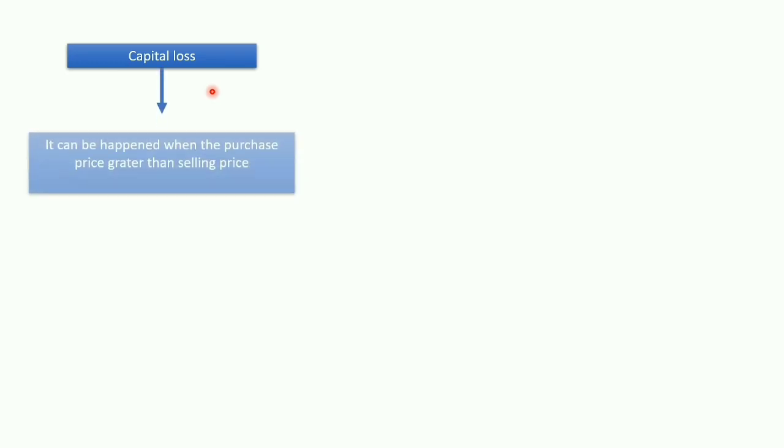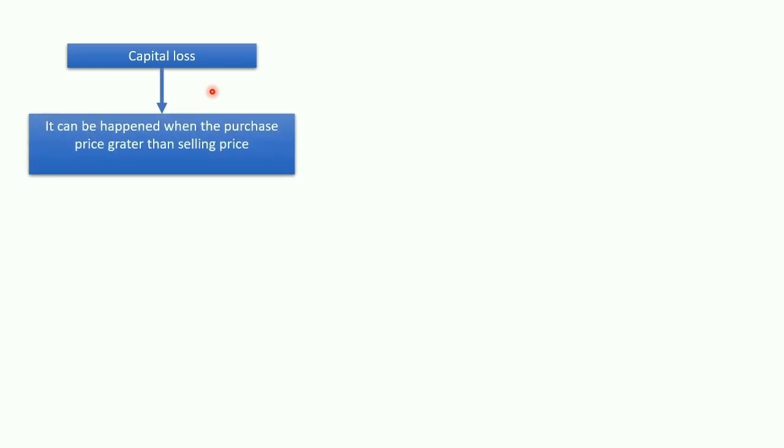Now you can see this part is capital loss. So you have an idea about the capital gain, as well as it can be a loss. At which time can that happen? It can happen when the purchase price is greater than the selling price.